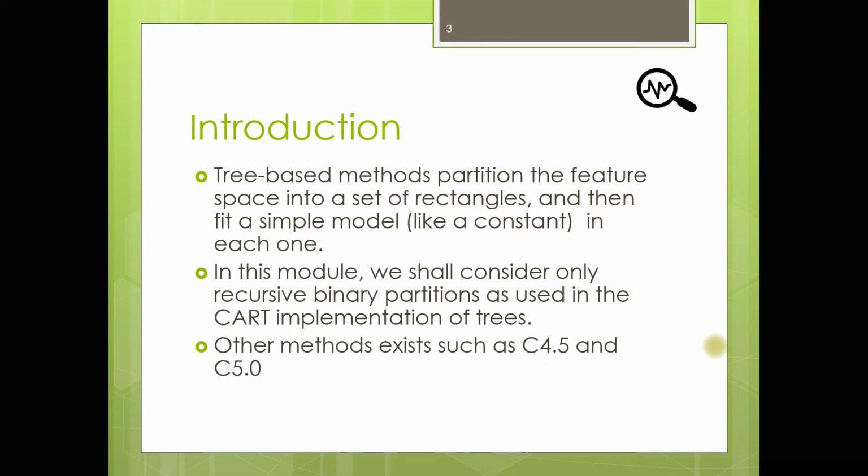Remember that the feature space represents your set of predictor variables. So that's in a nutshell what it does. It might sound a little bit hard to understand what these rectangles mean, but we are going to come to that in a moment, don't worry.